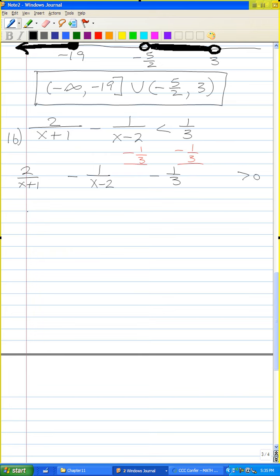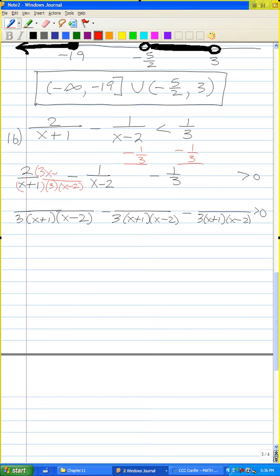Let's get a common denominator. The least common denominator in this case is 3, x plus 1, x minus 2. So let's multiply and divide by 3, x minus 2, which is the same as 3x minus 6.